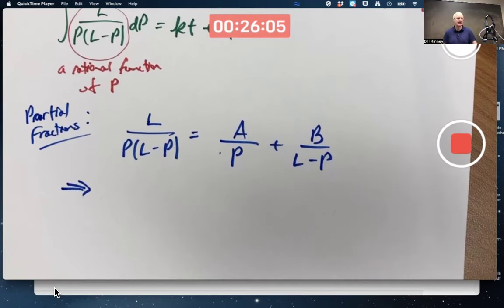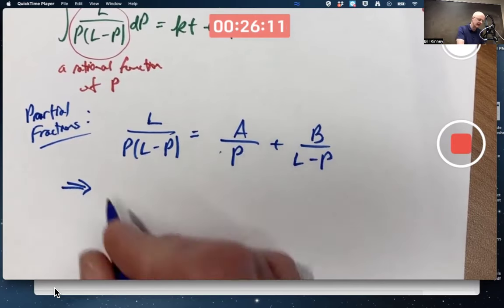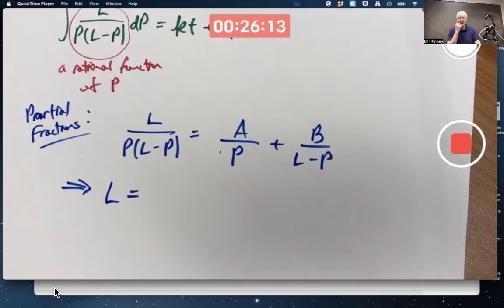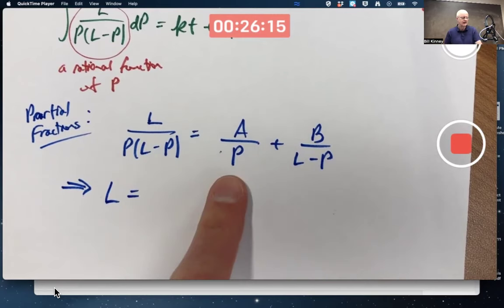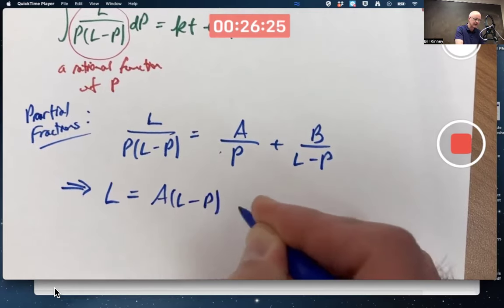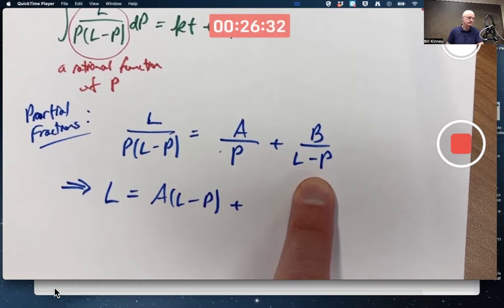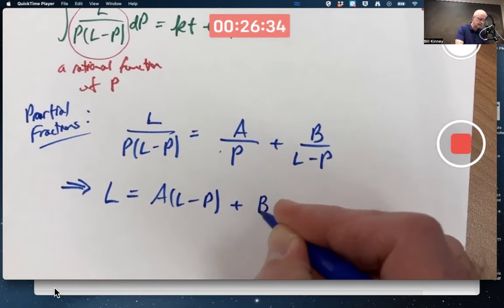Multiply both sides by that common denominator there, P times L minus P, to get complete cancellation on the left, leaving you with an L. If I multiply the first fraction on the right by P times L minus P, in my head, the P's cancel. I'm left with A times L minus P. And if I multiply the second one by P times L minus P, the L minus P's cancel, leaving me with a B times P.